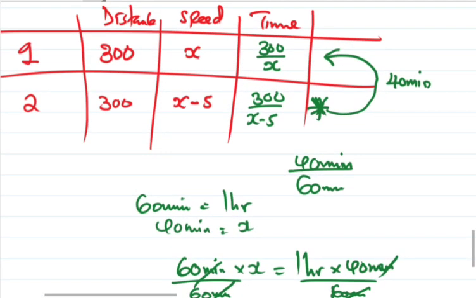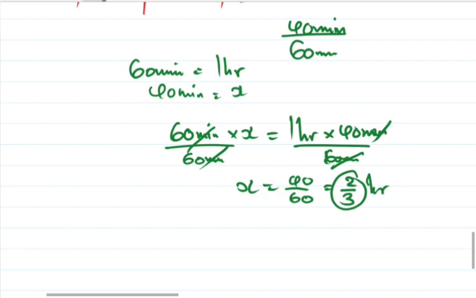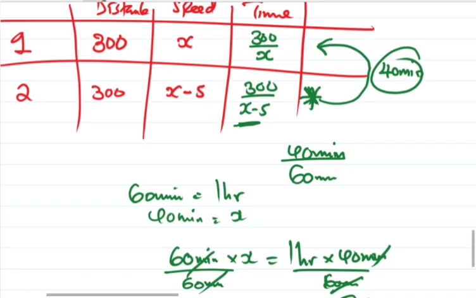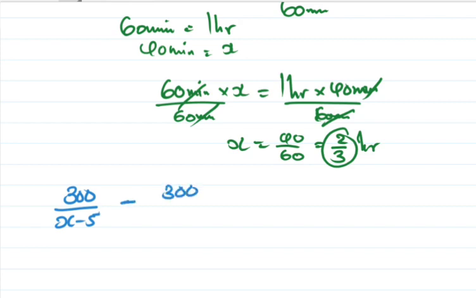Now let's find the value of x by subtracting this one and that one, which equals about 40 minutes, represented by 2 over 3. So we write 300 divided by x minus 5, minus 300 divided by x.